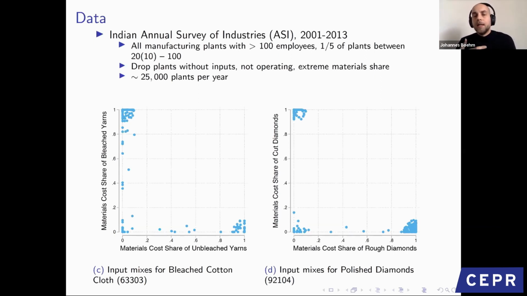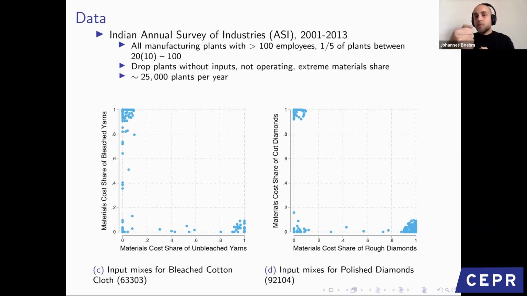Okay, and we also want to show that some of those differences in the input mixes are to some extent because of variation in what these plants are actually doing. So here it's whether plants are doing just the polishing or both cutting and polishing. So this is to some extent related to differences in, well, the vertical specialization of production, right?